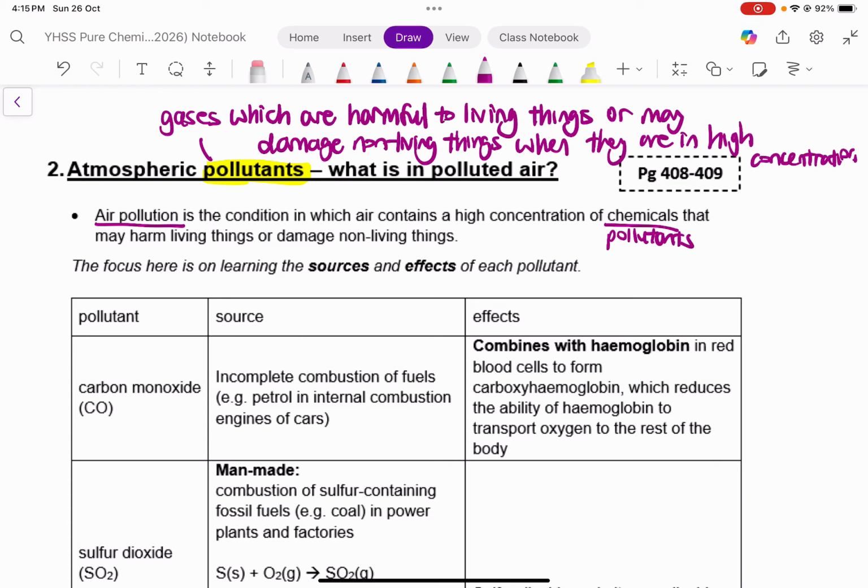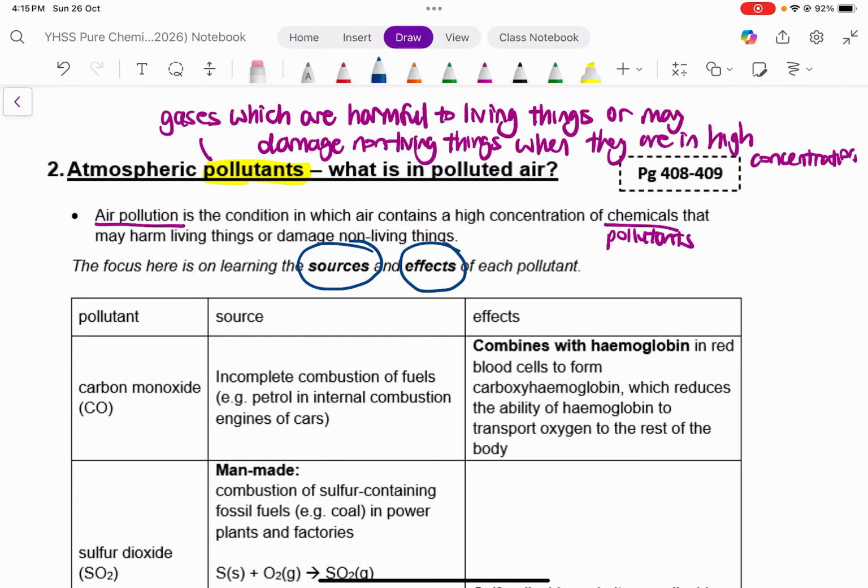Now, this table summarizes a lot of information. So before you embark on the table, let me address this question: how to study best for this chapter. You are expected to know the sources, where each pollutant comes from, and the effects.